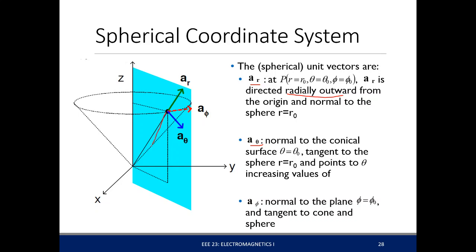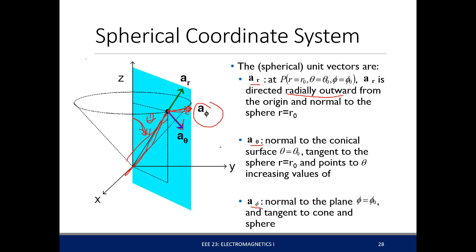So again, this is your vector r, and there's an angle theta between them. The direction of a theta depends on that, and it should follow the flow of theta, so something like this. Finally, a phi is just the same as your a phi from your cylindrical coordinate system.